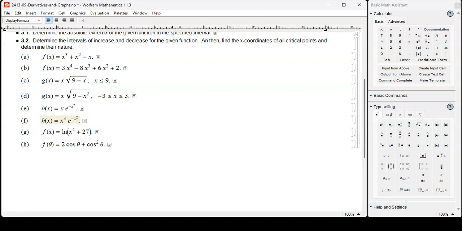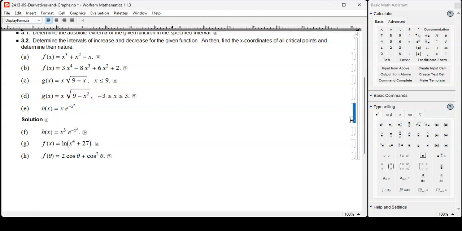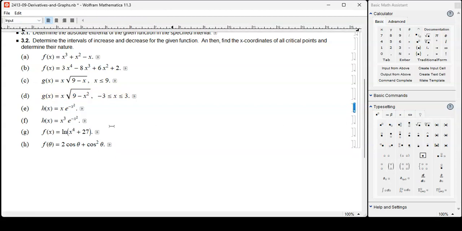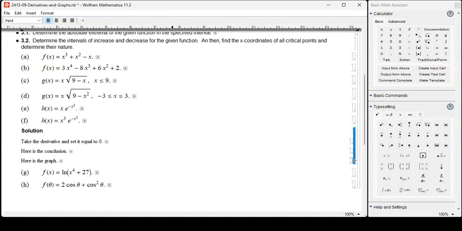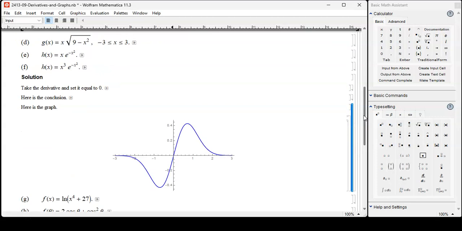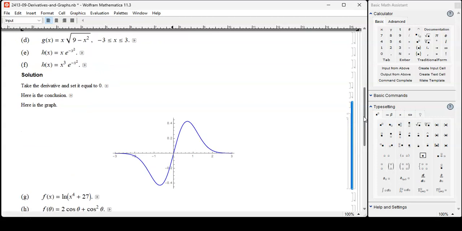Here's one more. x cubed times e to the negative x squared. Kind of like this versus that. So I'll employ the same technique. I'll show you the graph and show you some derivative, but the rest is left up to the students.